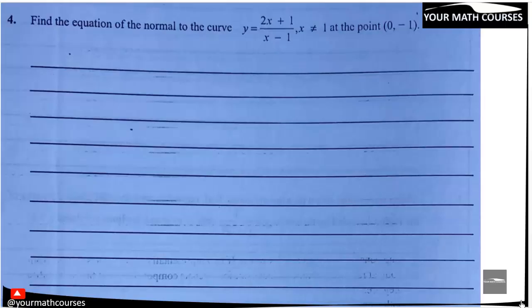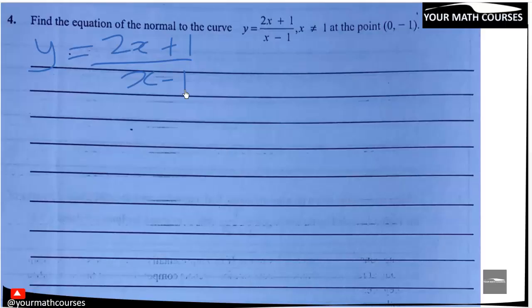Now we have this question here, we have y equal to 2x plus 1 over x minus 1. We have to find the equation of the normal to this curve at the point 0, -1.